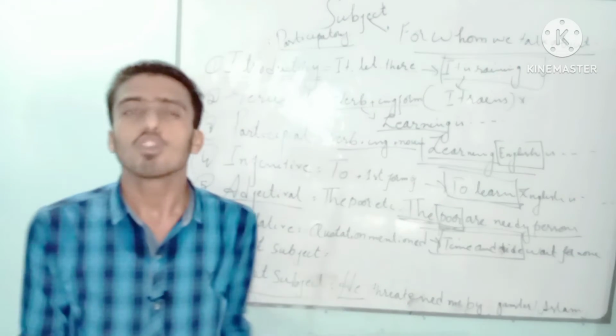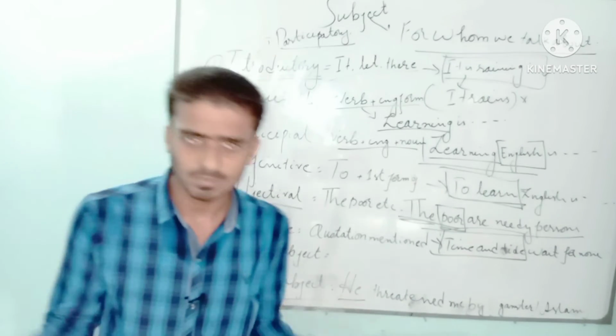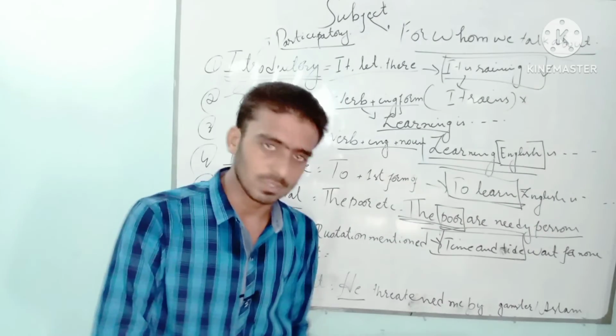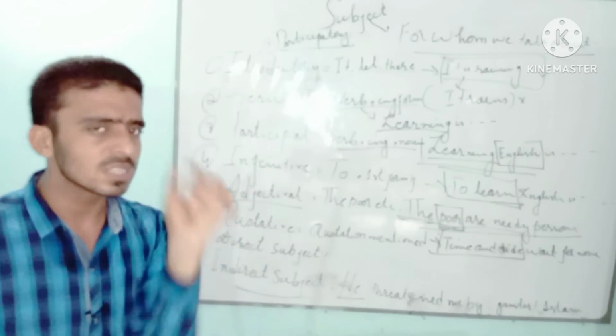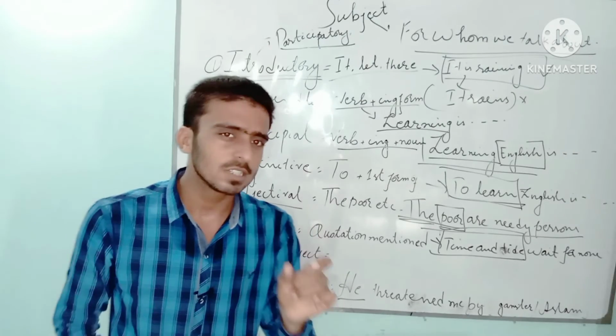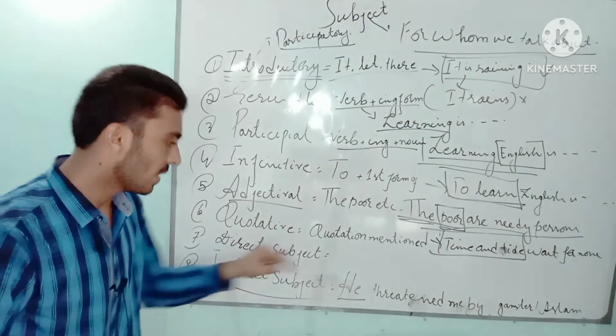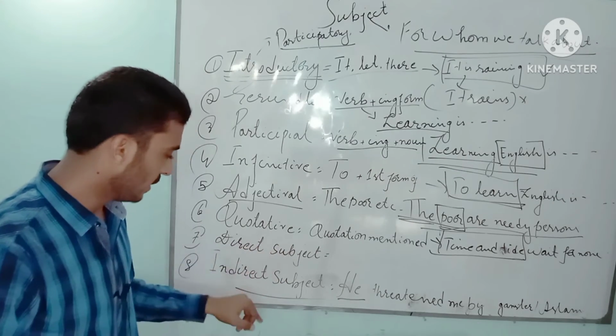There are many other quotations that can come as subjects at the start of the sentence. Remember that whenever a quotation comes at the start of the sentence, you will say it is the quoted subject.